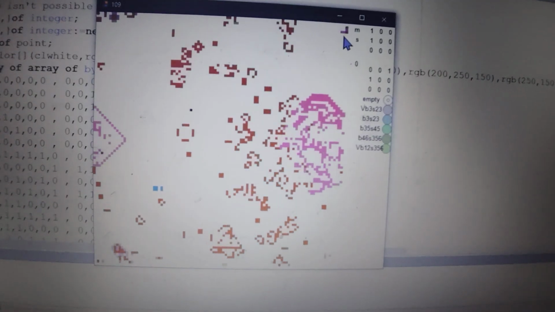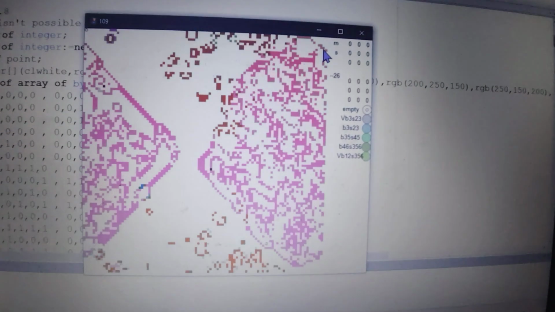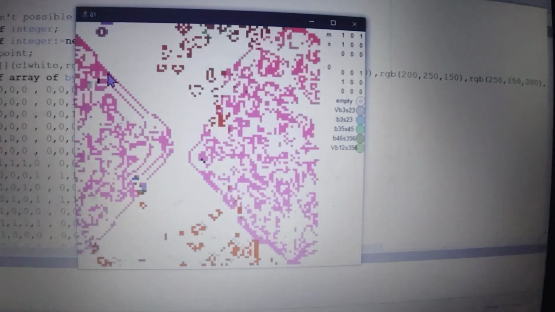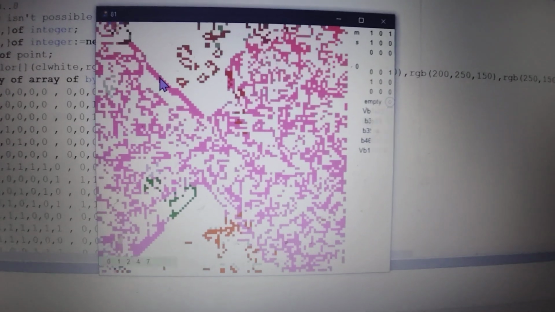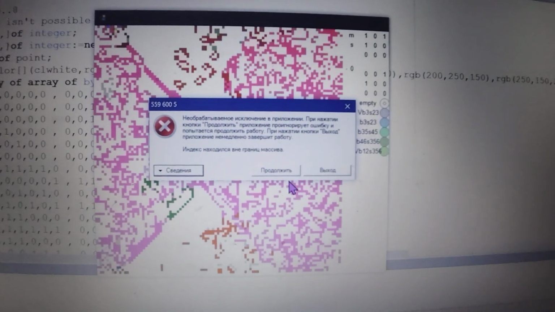If I turn on the mutations, first there are some of those conquerors which made a mutation that allowed them to reproduce at all cost.